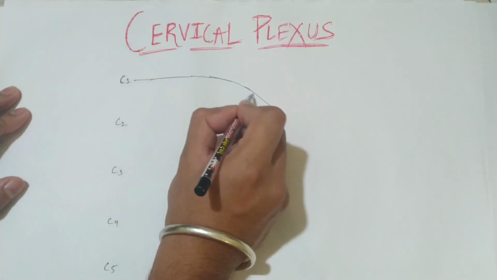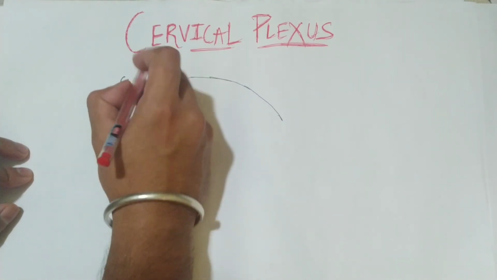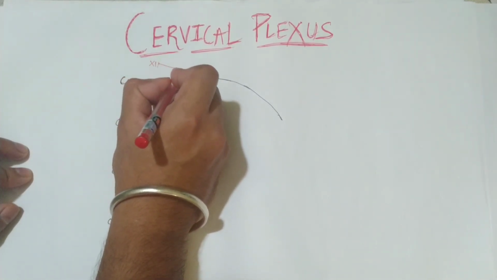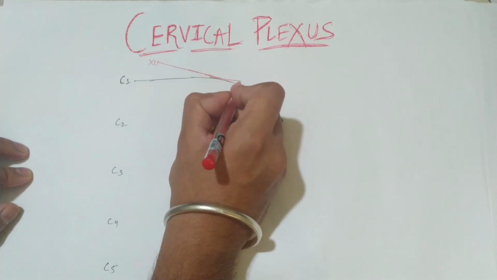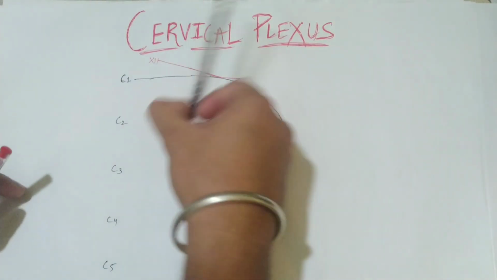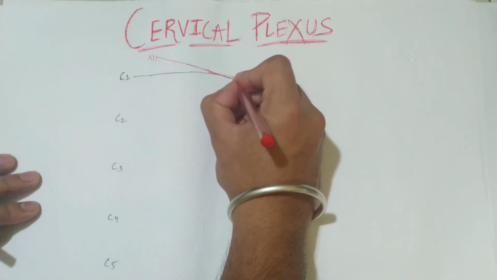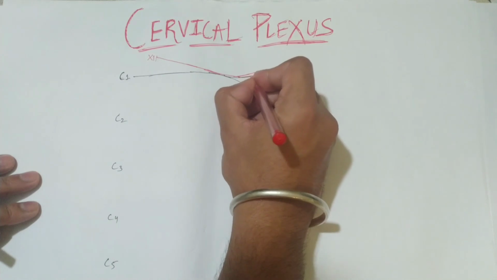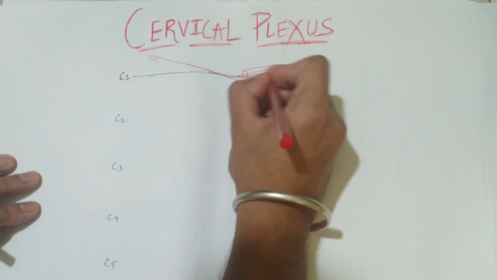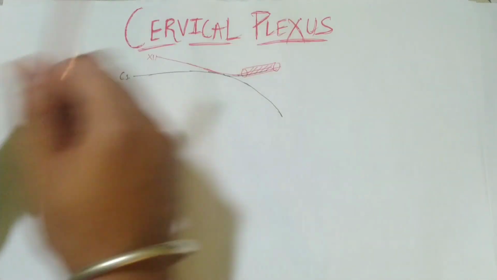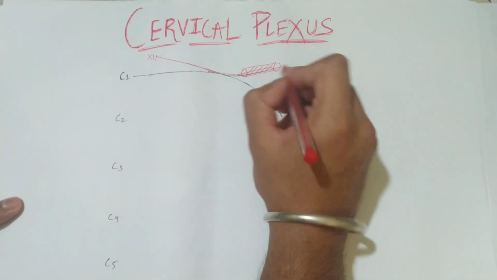One cranial nerve, the hypoglossal nerve, the 12th cranial nerve, goes along with the C1 root, not joins, goes along with it. From the C1 root one branch arises, and this hypoglossal nerve and the branch from the C1 root go together in a sheath. This is the sheath, and from there both the branches divide and go in different paths.